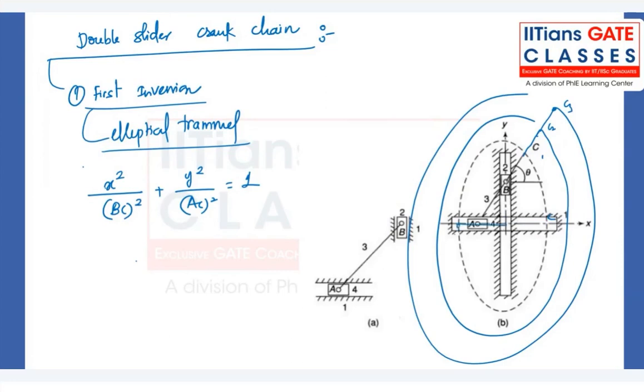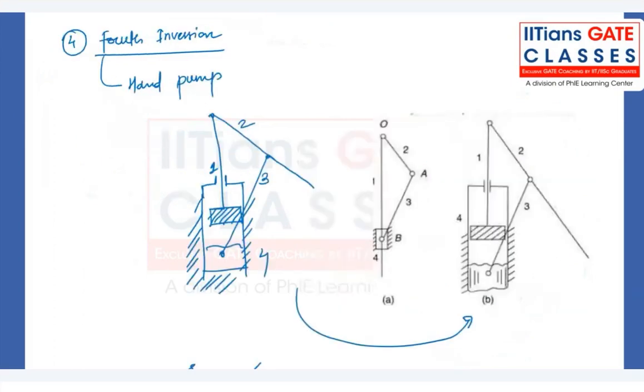And if B comes here and C comes here, then this outer length, oh no, sorry, this is BC. So BC is along the x-axis, which is the minor axis, and along the y-axis, the major axis, AC will be the length of it.